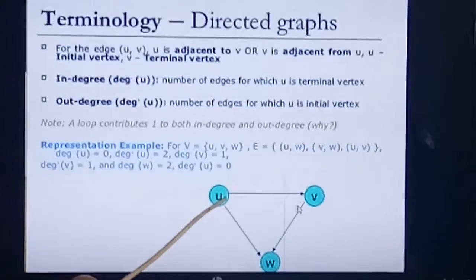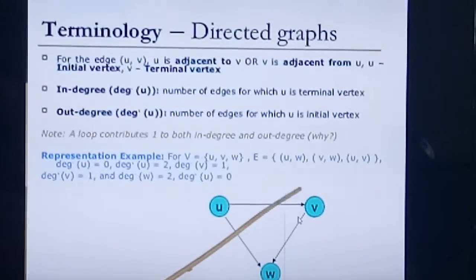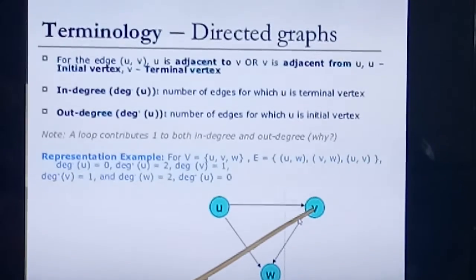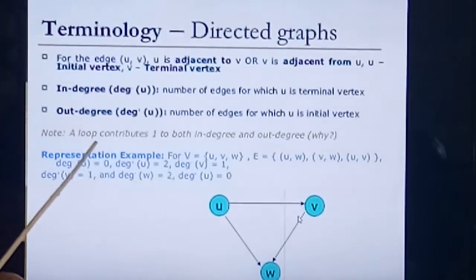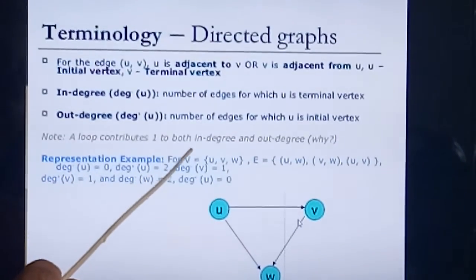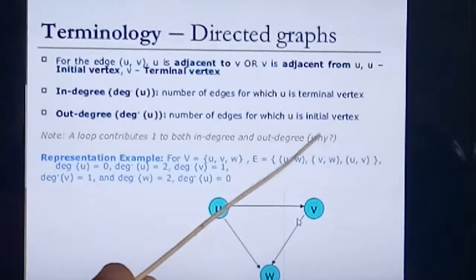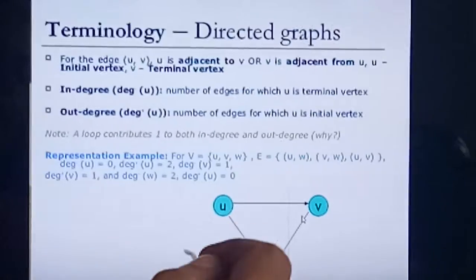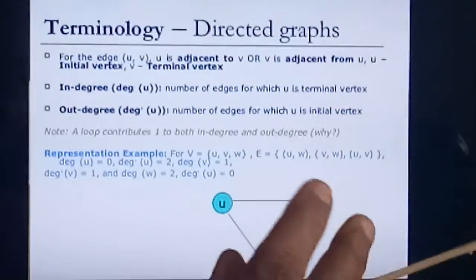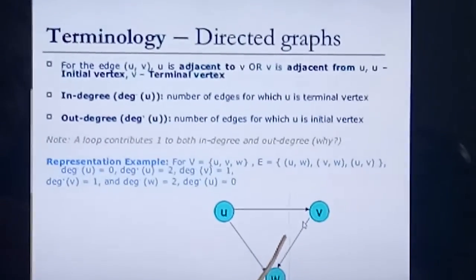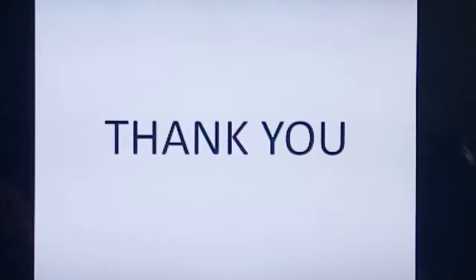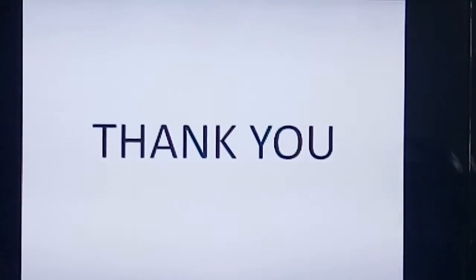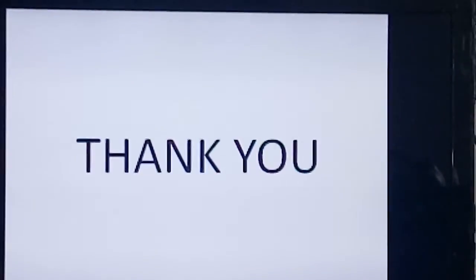So this U has out degree and this V has in degree, because you can see that the arrow mark is incoming. A loop contributes to both in degree and out degree because it starts as well as ends at the same vertex, so it contributes 2. And here is an example. Thank you, and next we will see the representation and types in the further class.